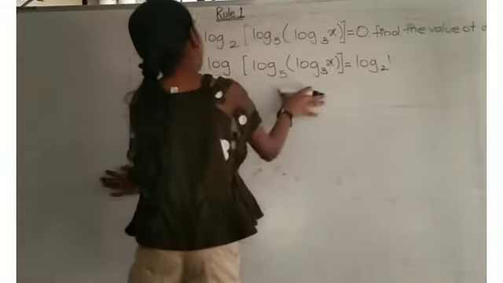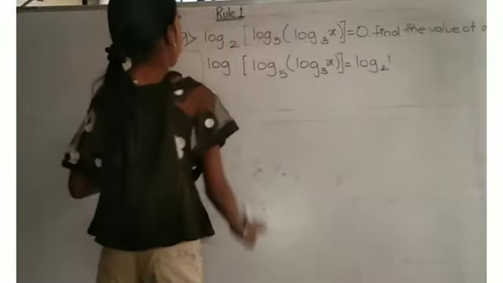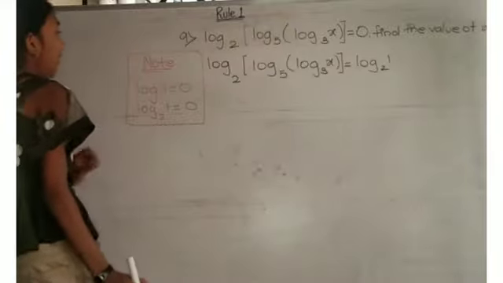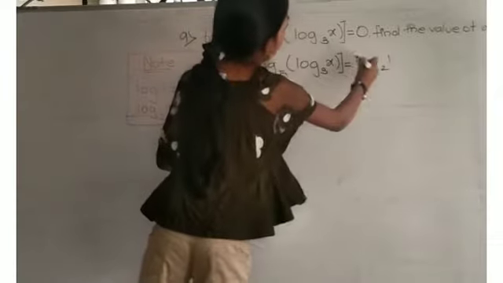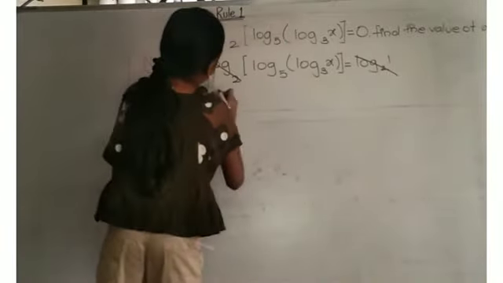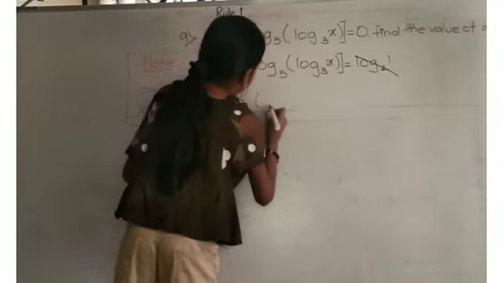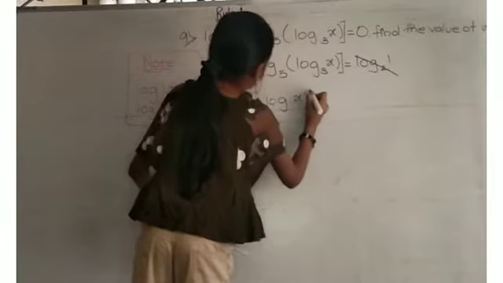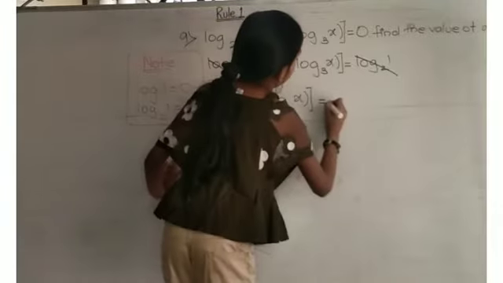Then log in the big bracket to the base 2. Now here, this log 2 and this log 2 will be cancelled. The remaining will be log in the bracket, log x in the small bracket, the big bracket, is equal to 1.